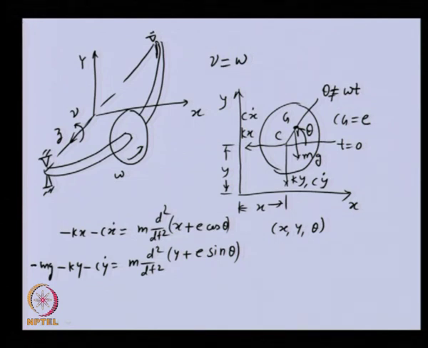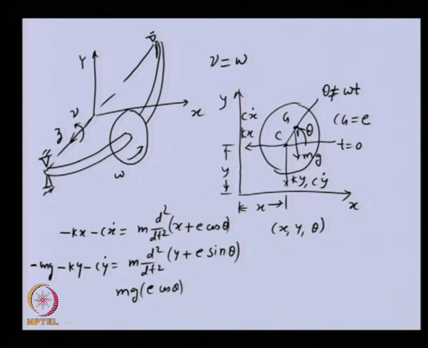Not only will it give a force, it will give a moment about the center of rotation. So if we take the force-moment balance in the theta direction, this mg will give us a moment mg into e cos theta, that is the horizontal component of the eccentricity, which is the moment arm.